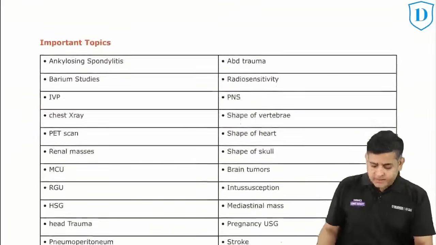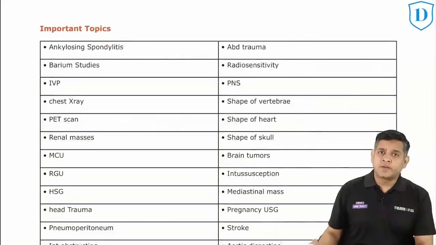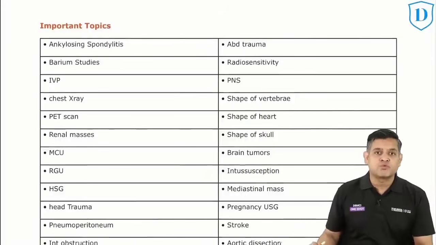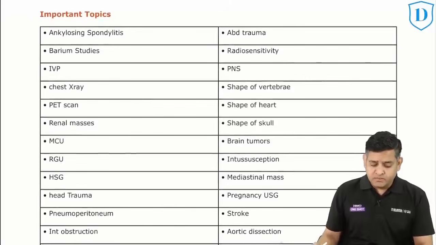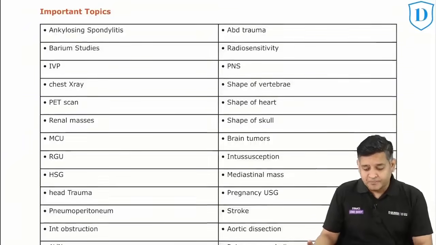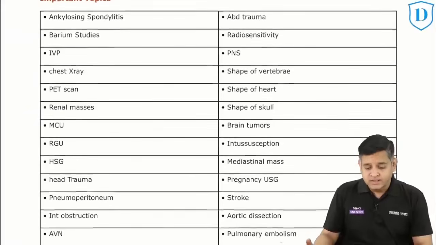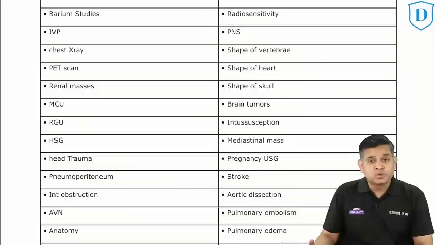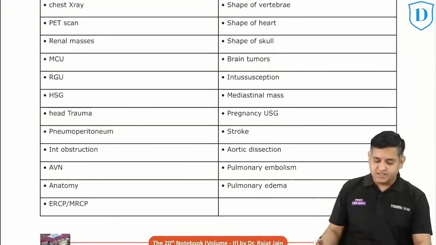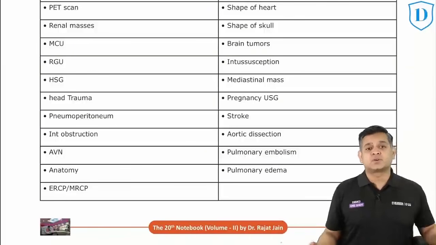Now, I believe that these are the common topics, which is your checklist that you have to mark before you go for the exam. You should be aware about ankylosing spondylitis, abdominal trauma, barium studies, radiosensitivity, IVP, paranasal sinuses, chest x-rays, shape of vertebrae, PET scan, shape of heart, renal masses, shape of skull, MCUs, brain tumor, RGU, intussusception, HSG, mediastinal masses, head trauma, pregnancy ultrasound, pneumoperitoneum.